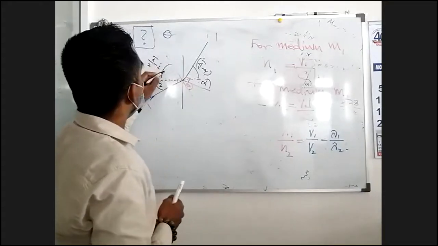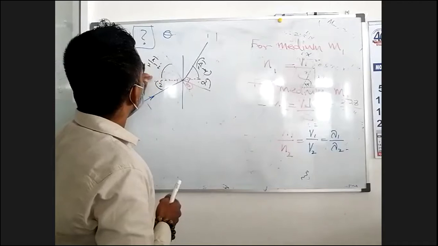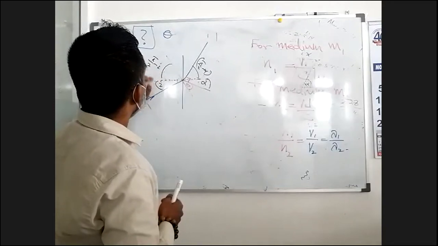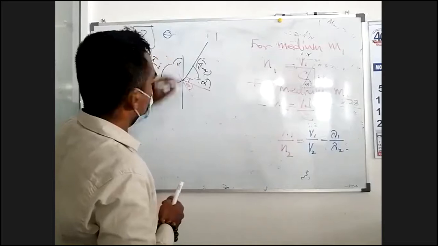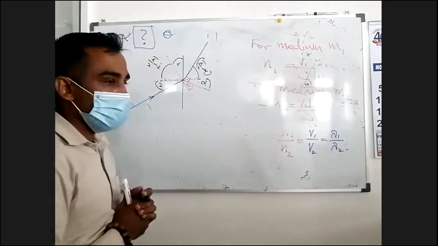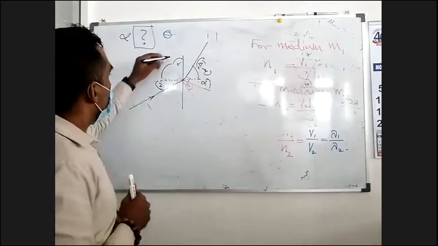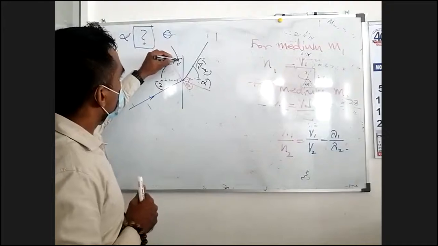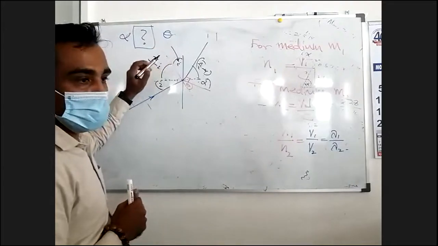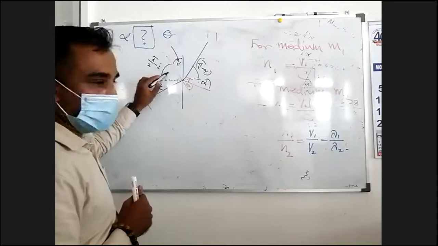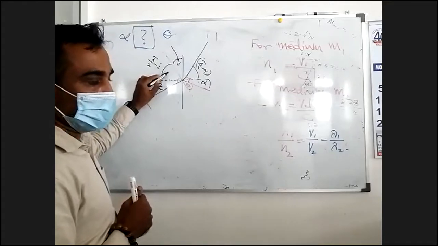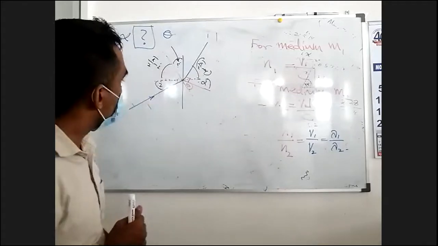This is I, pi upon 2 minus I. This is also I. Am I correct? Yes, sir. This is I. This angle is pi upon 2 minus 2I minus I. Then this is I.